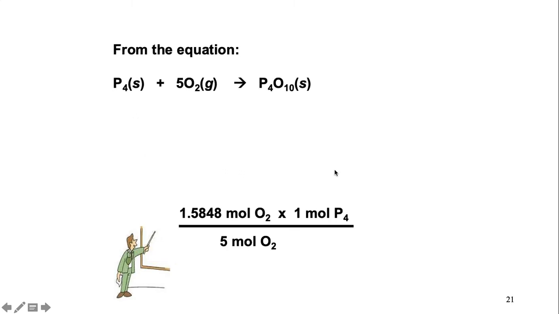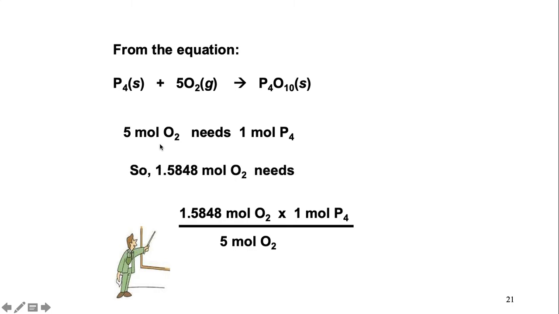Next, from the equation, you already have the number of mole of oxygen. From the equation, 1 mole of P4 reacts with 5 mole of oxygen. But now you don't have 5 mole. The actual number of mole of oxygen is 1.5848 mole, which needs 0.3169 mole of P4.